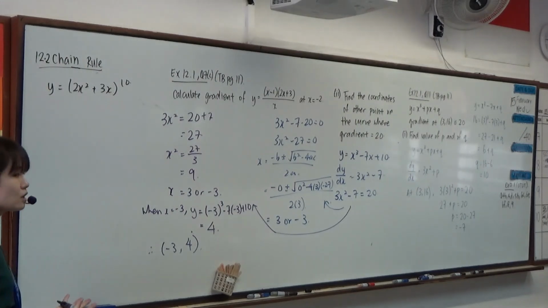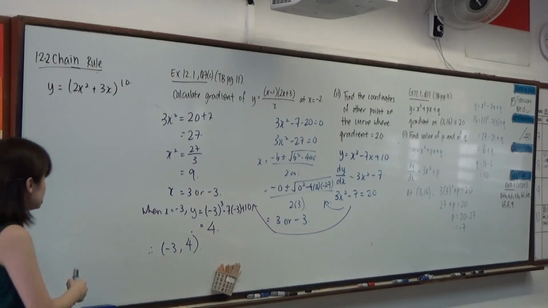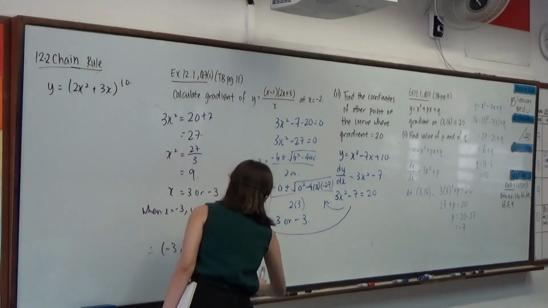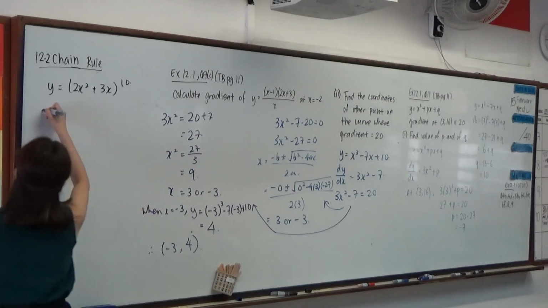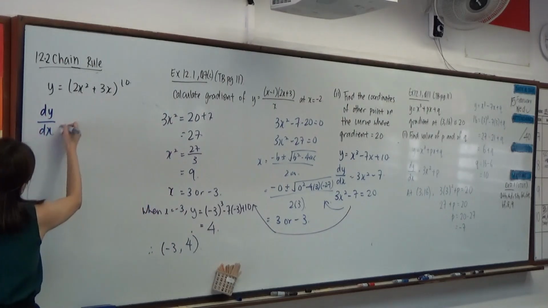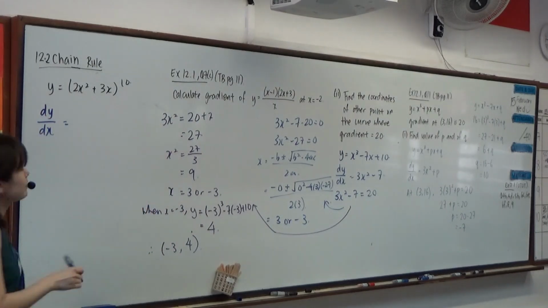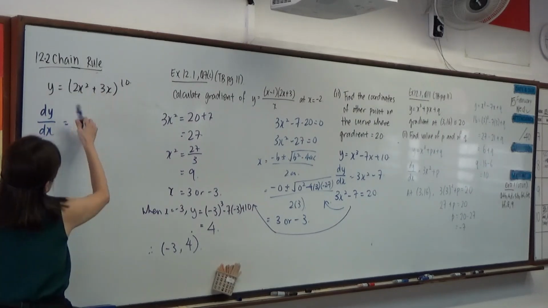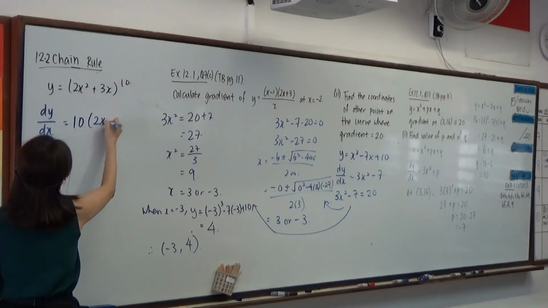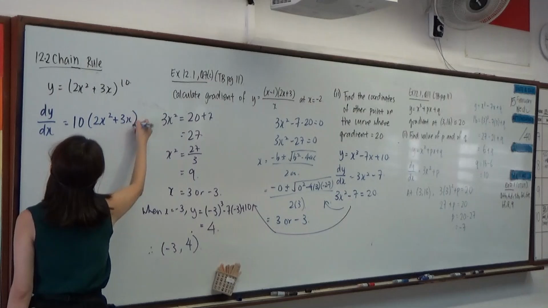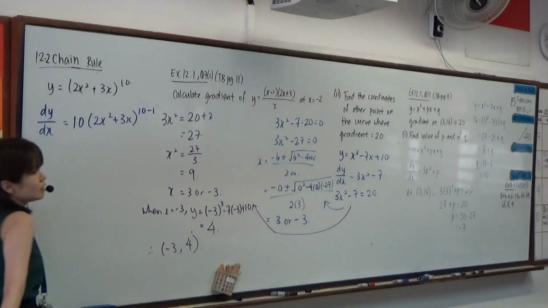That's why we have this thing called the chain rule. How is it a chain rule? Let me tell you how to differentiate first. Similar to our power rule, the power comes down, then the power minus 1.